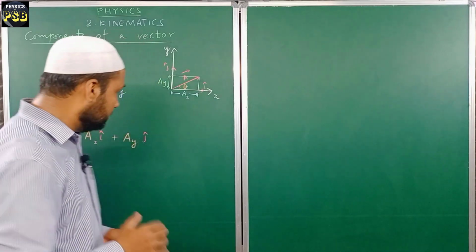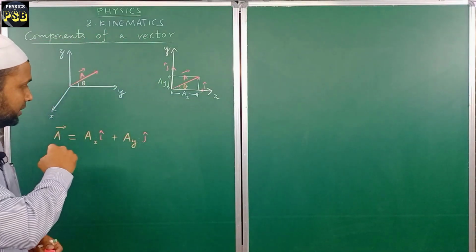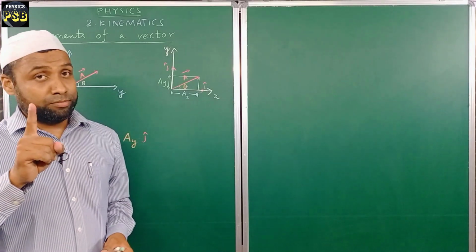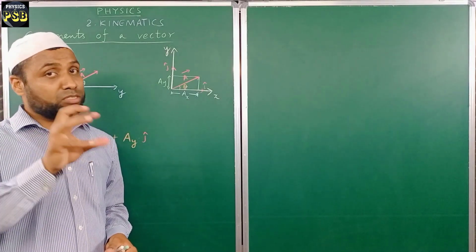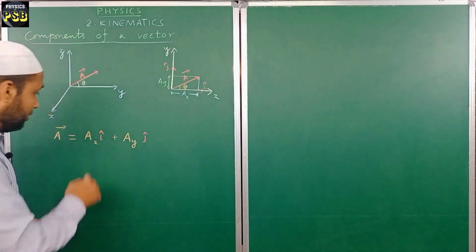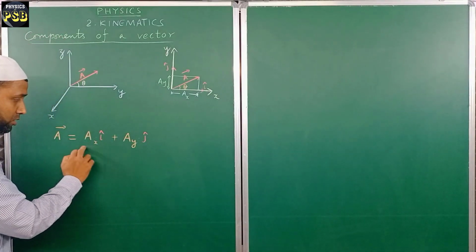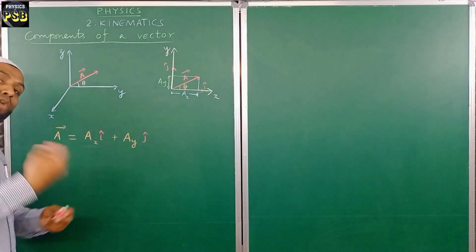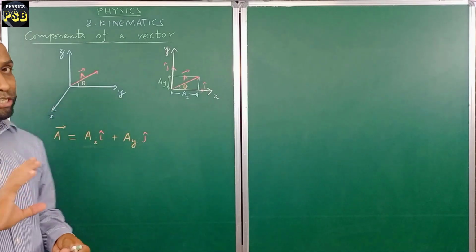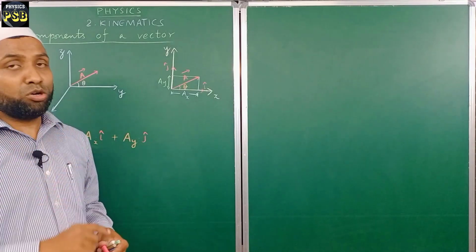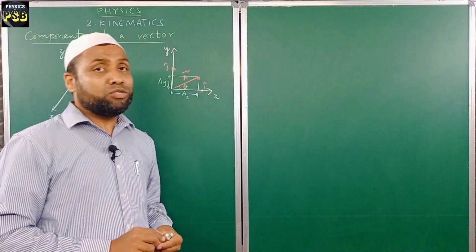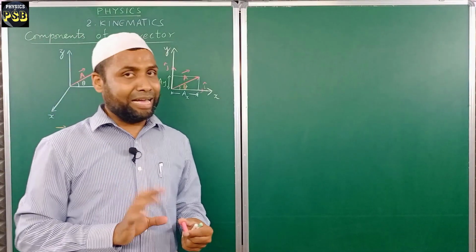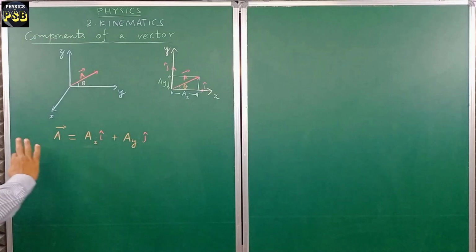The reason is this unit vector has magnitude equivalent to 1. Along with this, it possesses some direction. So, when you multiply this component AX with i cap, it only provides direction. The magnitude does not vary because it is equivalent to 1. As you know, whenever something is multiplied with 1, the value remains as such. Clear?